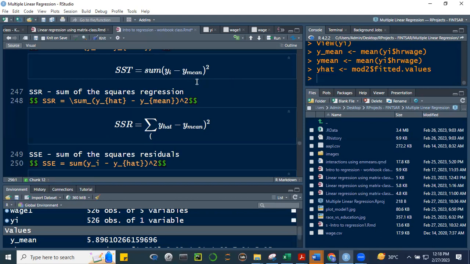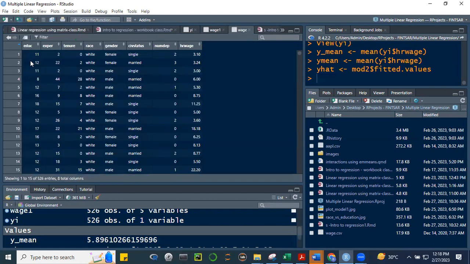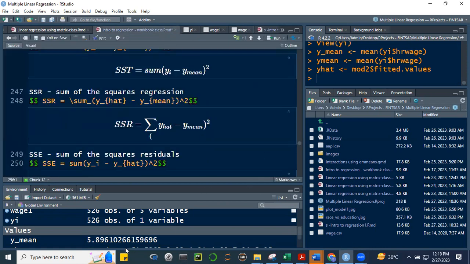Okay. In other words, we're not going to use the regressors. We're not going to use the predictors. Average lang. So no matter what the observation is, kahit ilang years ng education, experience, kahit na white yan, non-white, or female, ang estimate natin, just get the average of hourly wage. Yun ang predicted value natin, which in this case is 5.896.